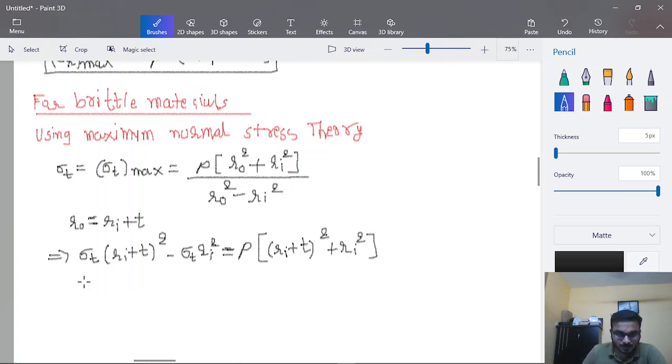Now the next simplification will be (sigma T minus P) into (Ri plus T) square is equal to Ri square into (sigma T plus P).